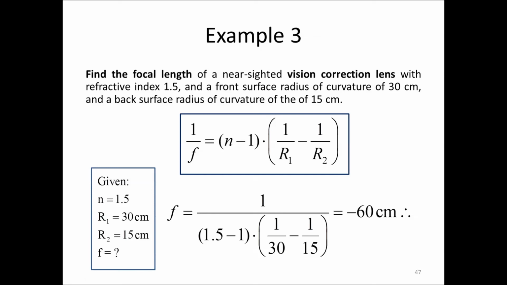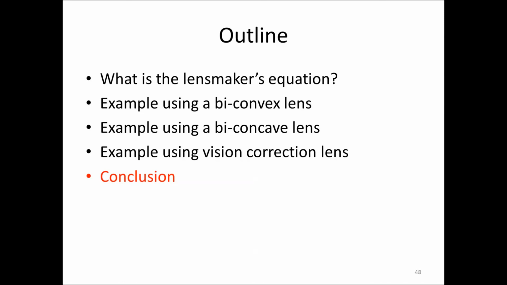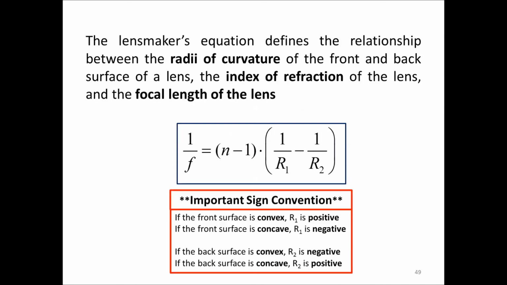So, just to conclude, we saw that the Lensmaker equation defines the relationship between the radii of curvature of the front and back surface of a lens, the index of refraction of the lens, and the focal length of the lens. And just keep in mind, when you use this equation, you have to keep sign convention in play.